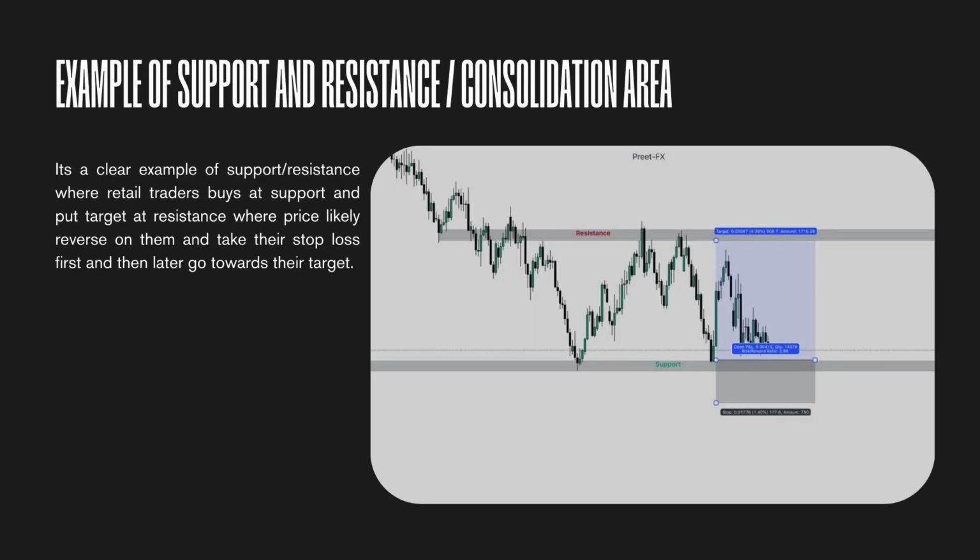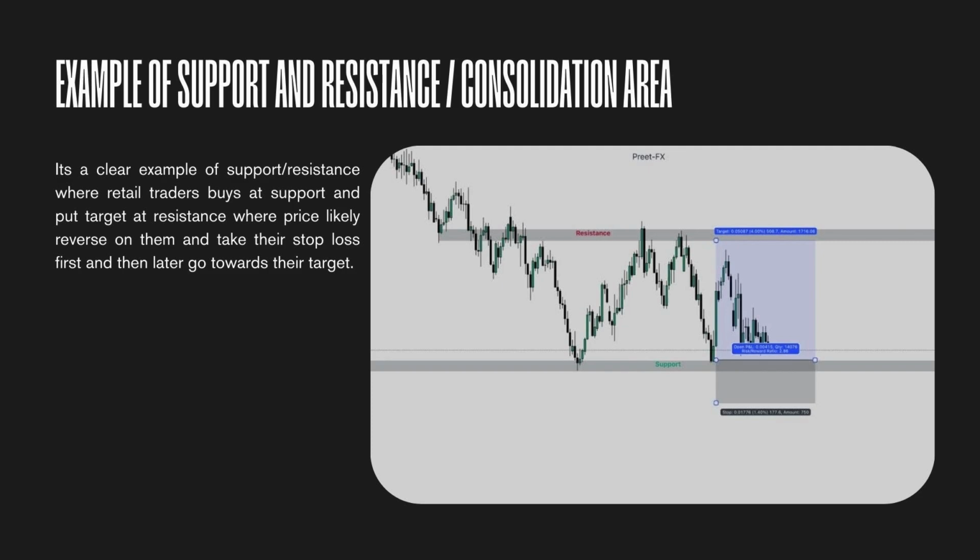Here's a classic example of how liquidity plays out around support and resistance. Imagine retail traders see price bouncing off a support level. They enter long positions, placing their stops just below support. As the price rises toward resistance, they aim for their target. But what usually happens?